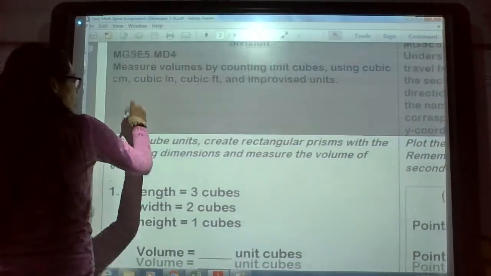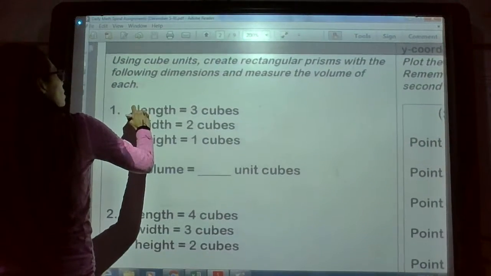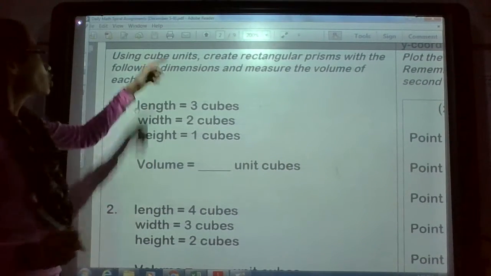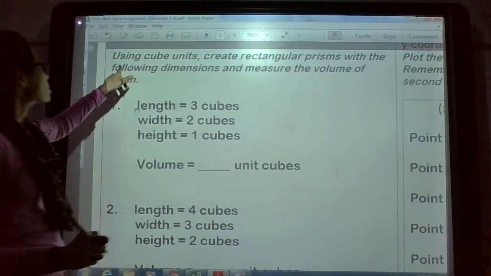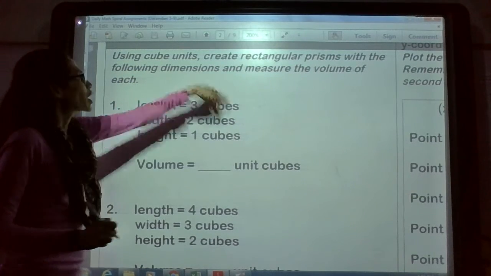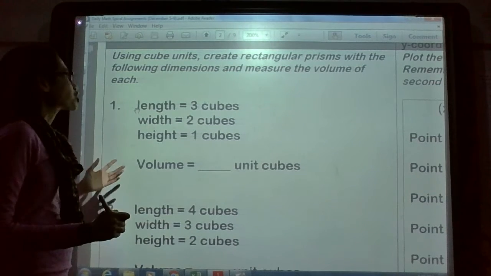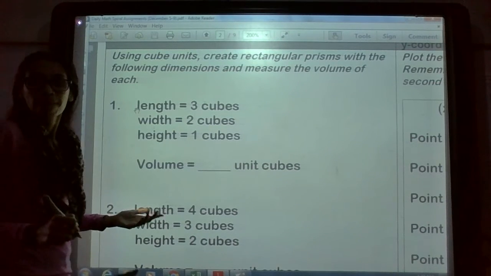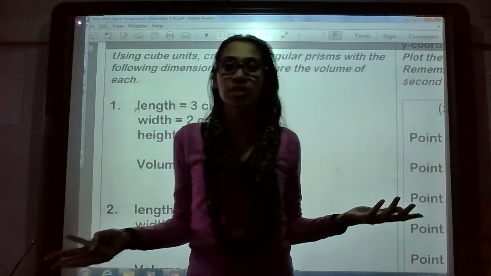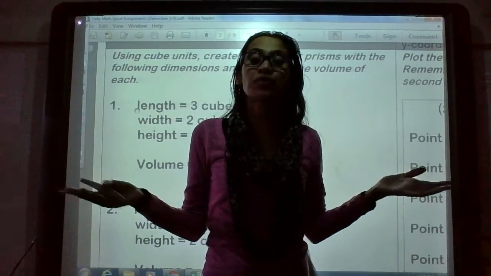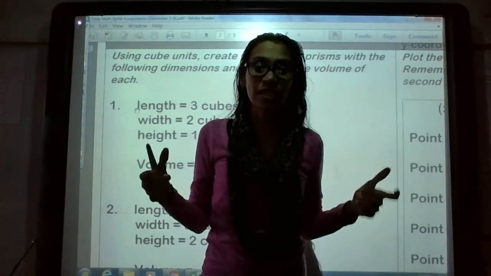Let's take a look at the problem. It says using cube units, or should I say using unit cubes? Create rectangular prisms with the following dimensions and measure the volume of each. Now, what is a rectangular prism? A rectangular prism is a 3D shape.